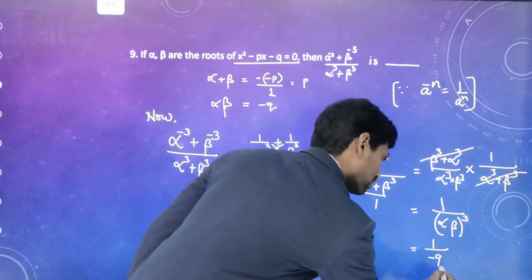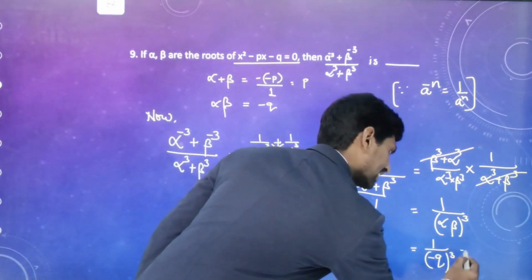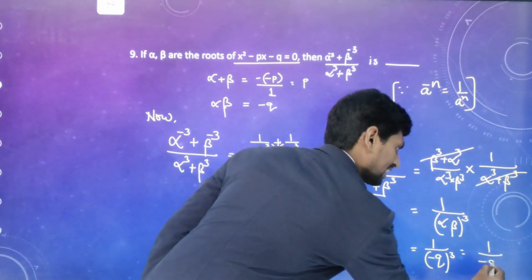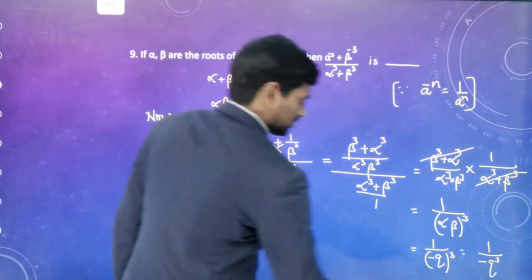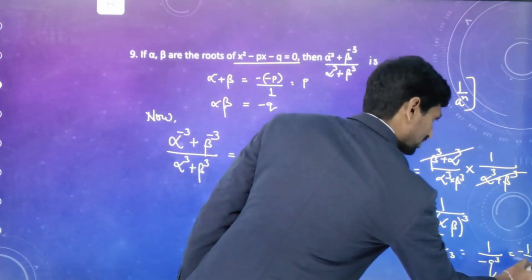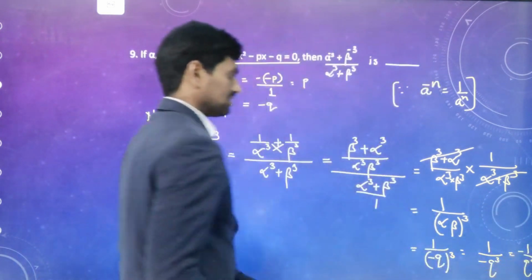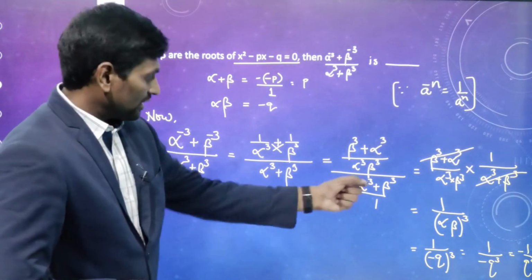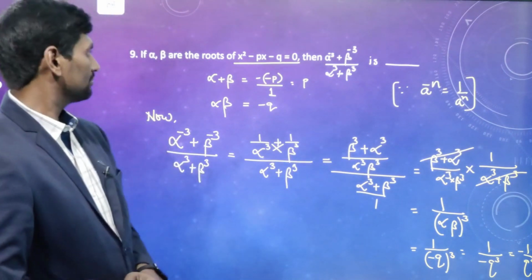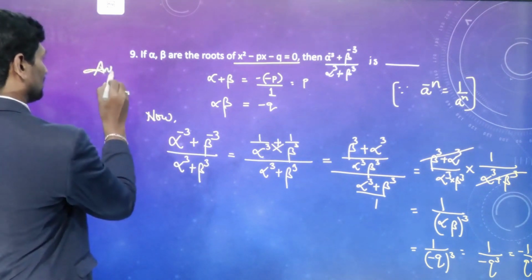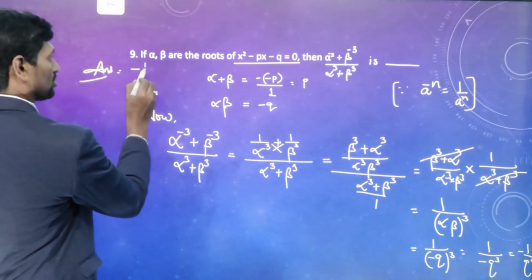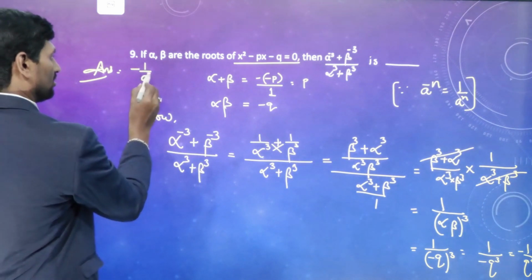So minus q whole power 3, that is equal to 1 by minus q cube. And in the last step you should write minus 1 by q cube, because we should not leave negative in the denominator. So your answer is minus 1 by q power 3.